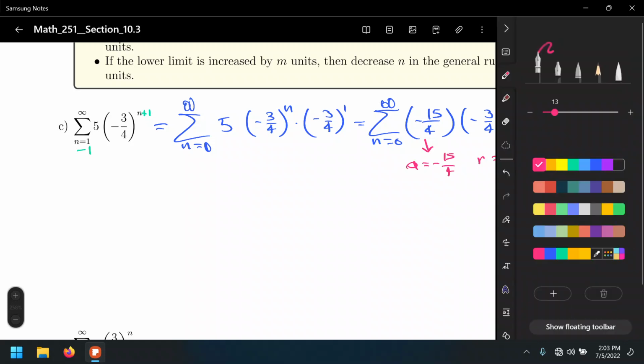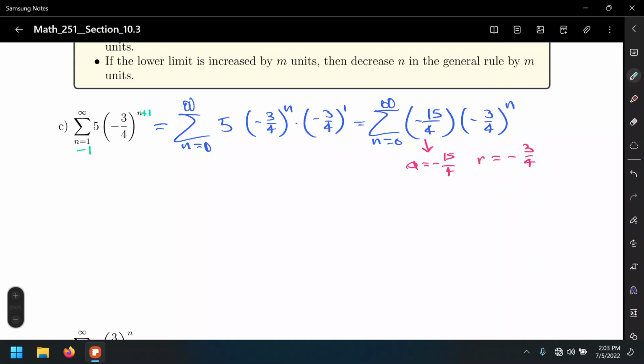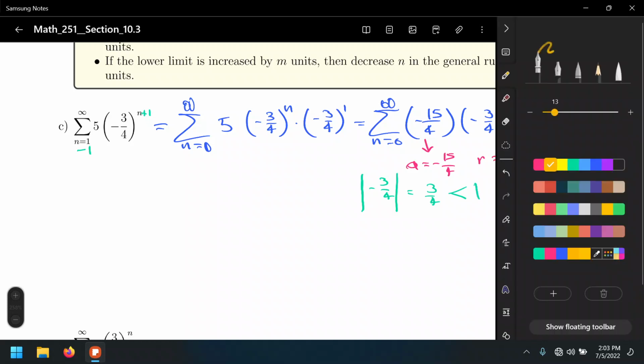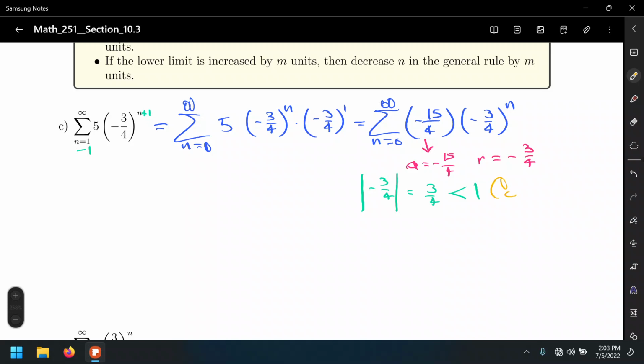From here we need to analyze the value of r by taking the absolute value of negative 3/4. Now we get a positive value, that's 3/4. In this case, 3/4 is a number less than 1, not greater than or equal to 1. For this reason, does the series converge or diverge? Converges.